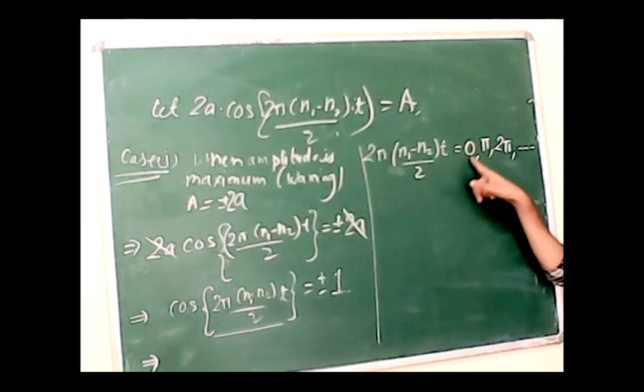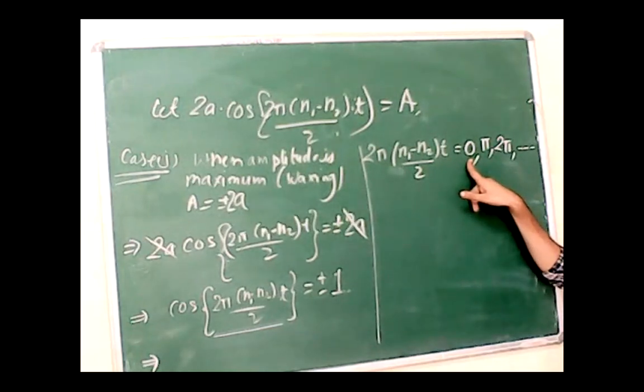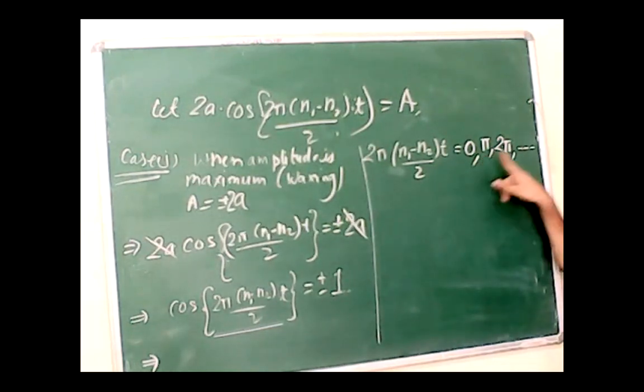So the value is 1 at 0, then at pi, then at 2 pi, then 3 pi, then 4 pi, then 5 pi and so on.